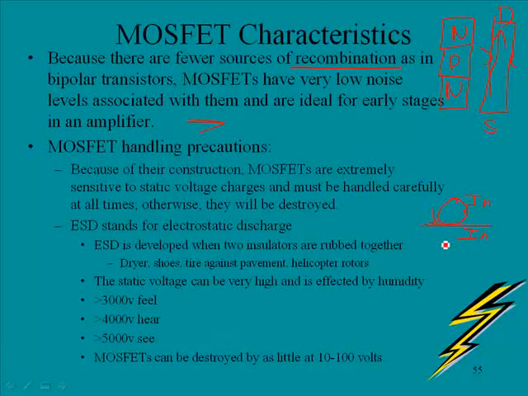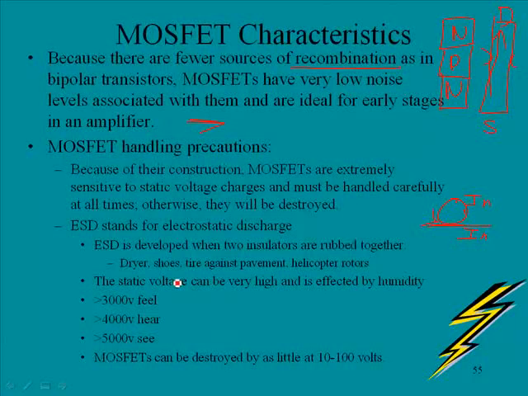That static electricity accumulates on the shell of the vehicle, and then when you step out of the vehicle and close the door, you discharge the static electricity on the shell of the vehicle. Another example is helicopter rotors. As helicopter rotors are spinning around, they can develop tremendous amounts of static electricity.